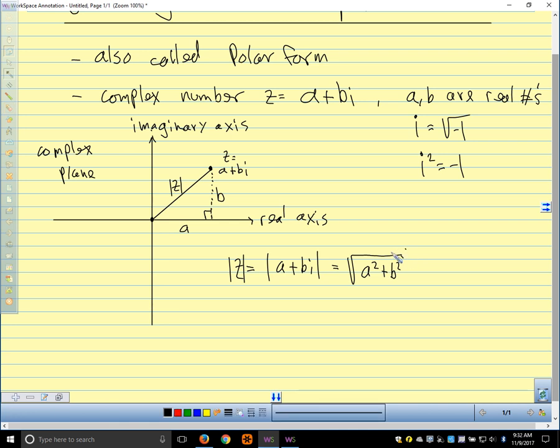So the absolute value of a complex number is, we can think of it as the magnitude of that number. Where with vectors we use 2 bars, with complex numbers we just use the 1 bar. So that's the length of that hypotenuse.